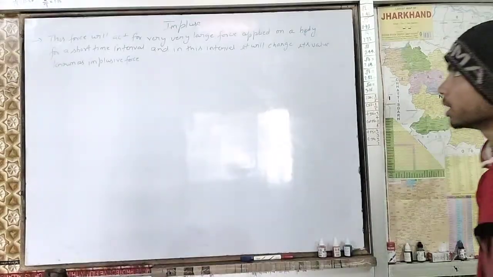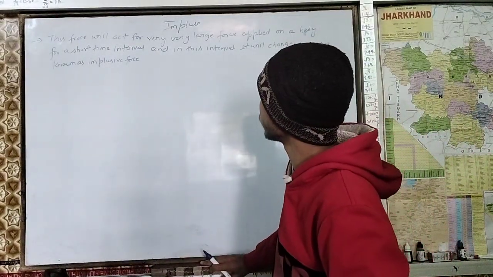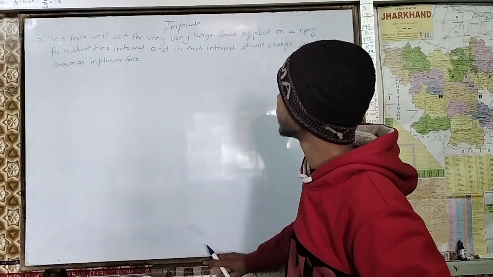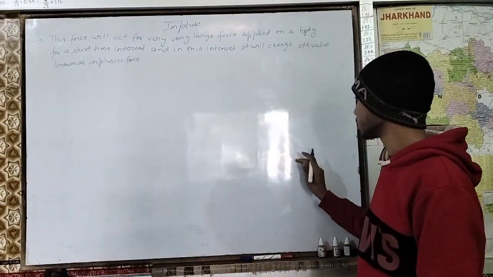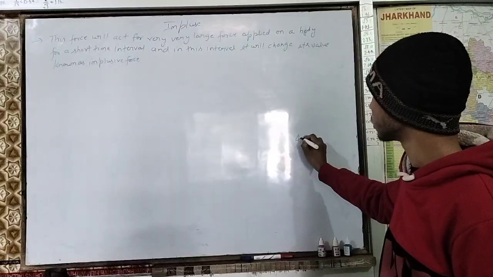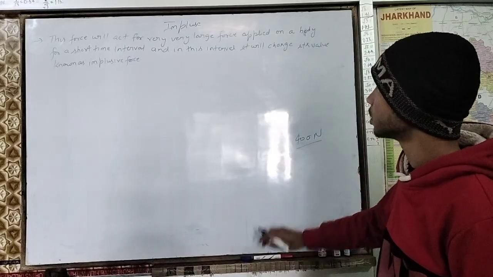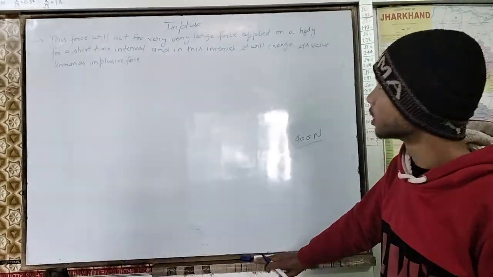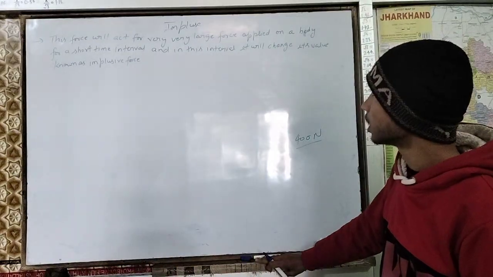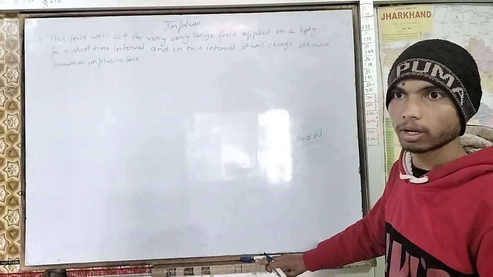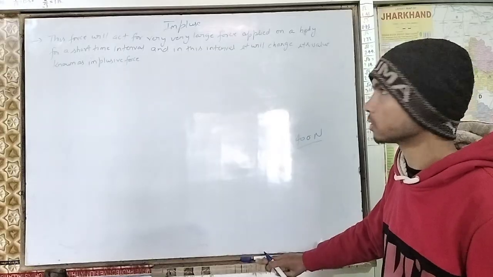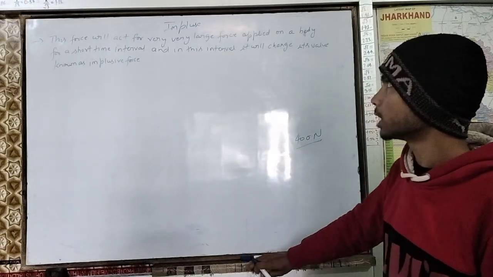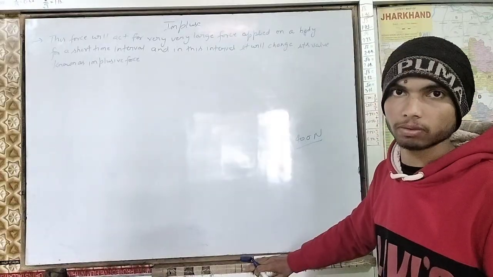Impulse. This force will act for any force which will act for very, very large. There is a force, for example, 400 Newton. When this much force is applied on a body, that object will come into motion with some velocity. We can observe that the object will come very fast.